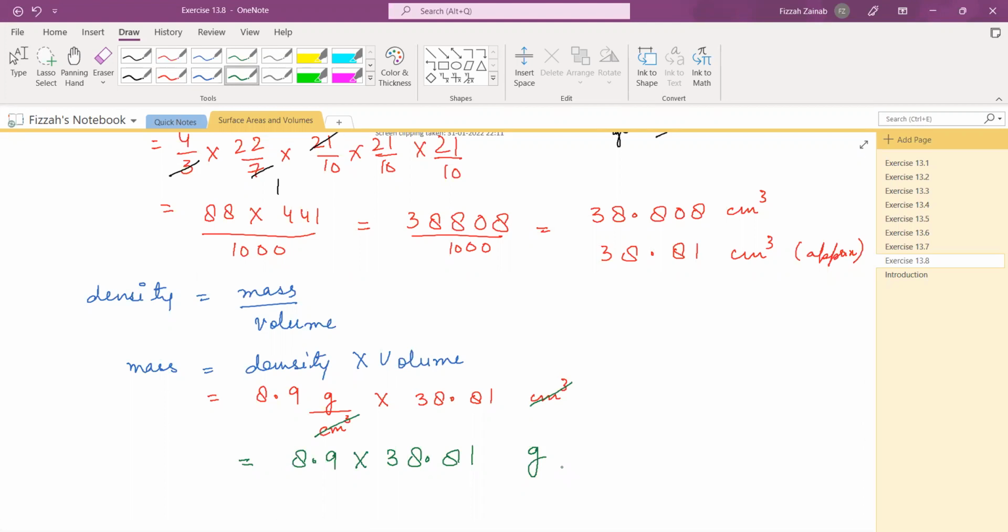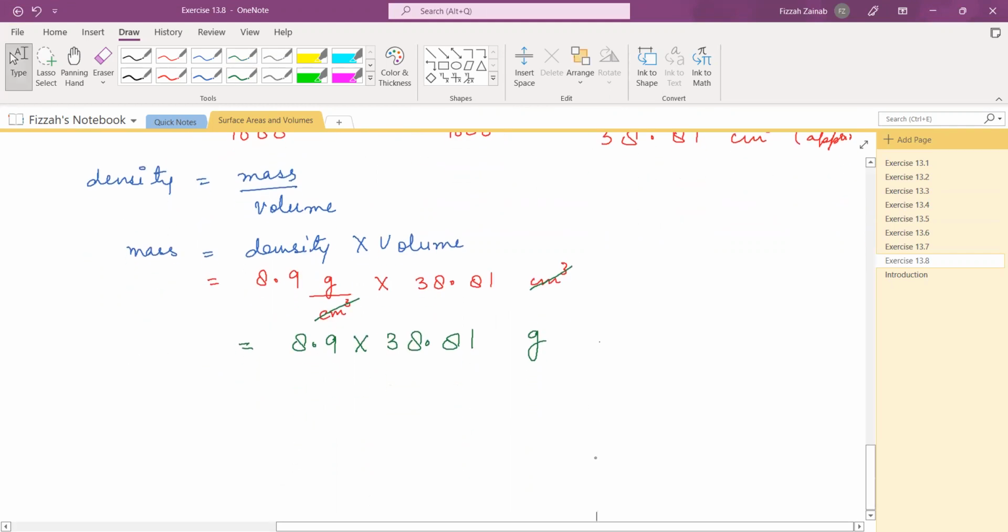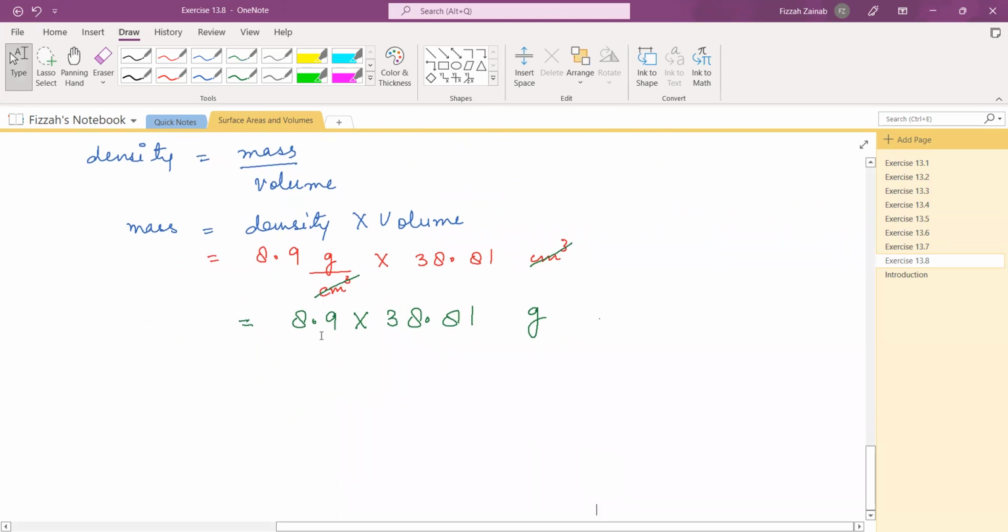So calculation you can do. I just wanted to explain about the units. Now do this calculation. First of all, remove the decimals. Or can you just simply multiply it? Just multiply it and tell me what you are getting. Yes, Hamna, please multiply this.